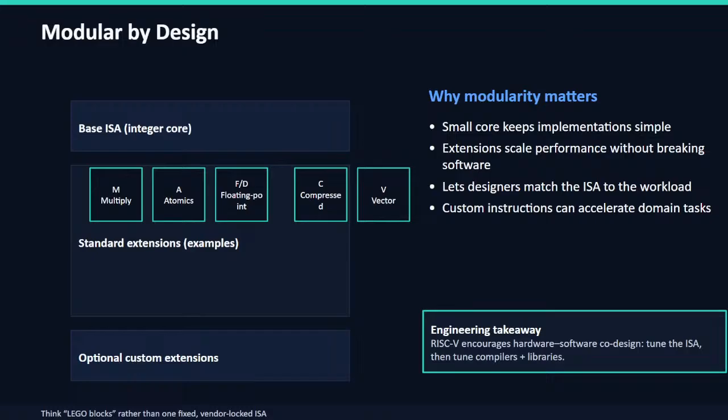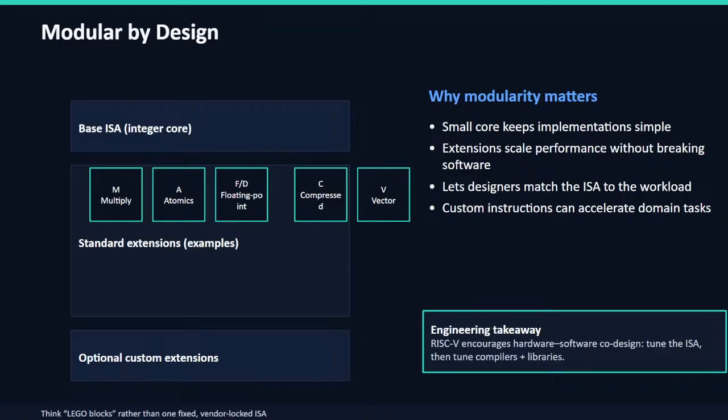This slide shows the big design idea. RISC-V is modular by default. There is a small base ISA. Think of it as the minimal set of instructions for a working CPU. Then you can add standard extensions depending on what you need.